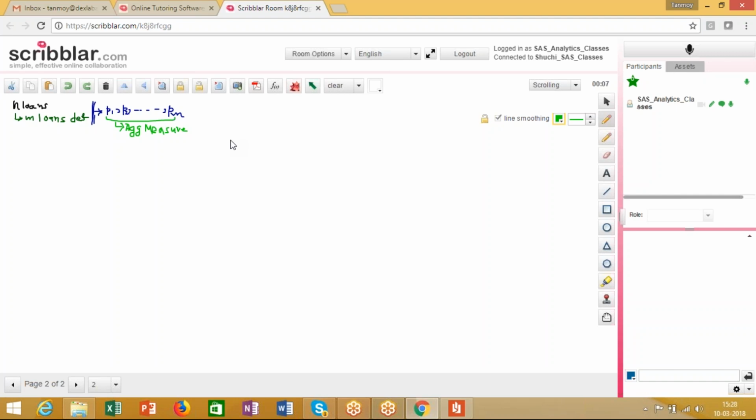But that may not be a foolproof measure. The reason is that along with the probability of default, something else is also important.